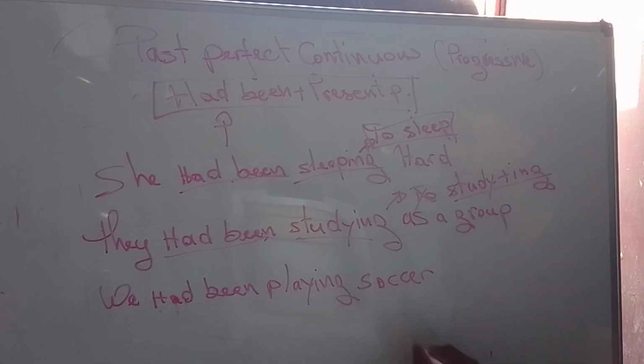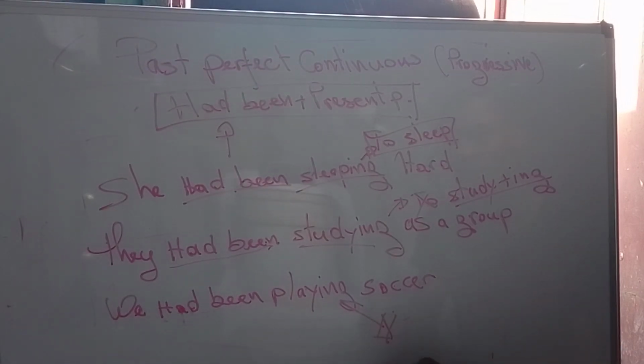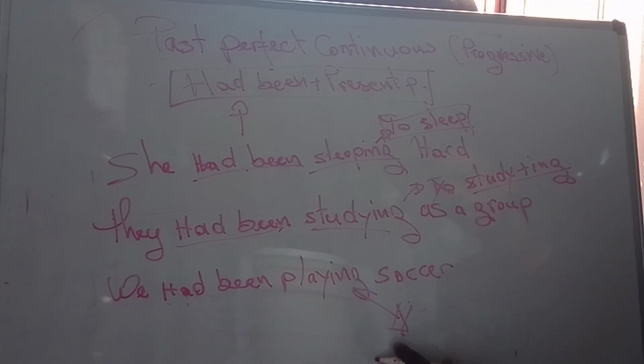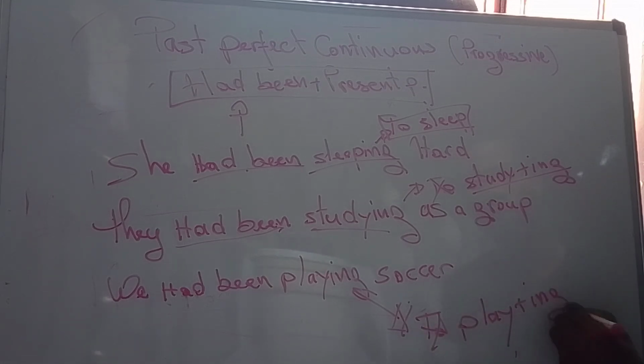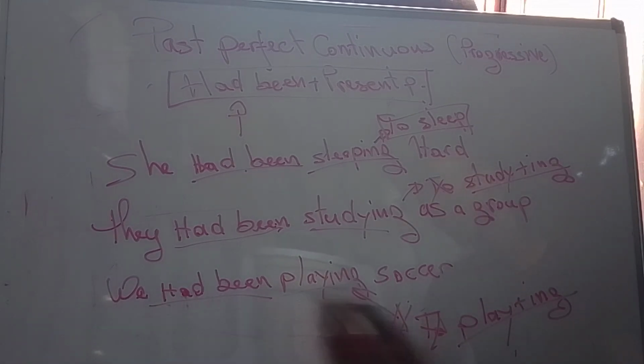To play, the verb to play. Make sure you understand the verb to play. I erase that one and I put an ing form right here, giving me playing. Okay?